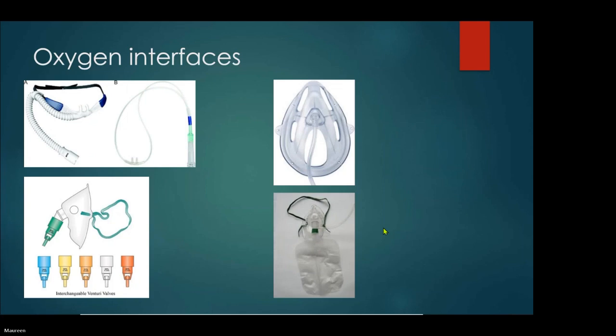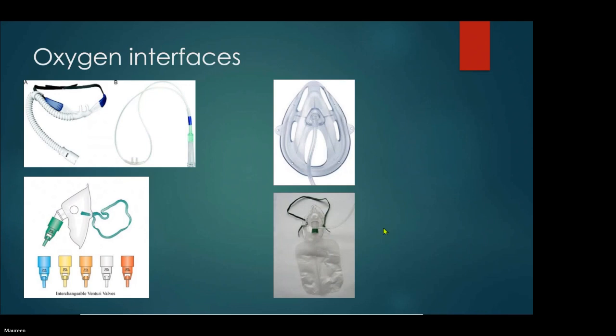But it's useful in a hospital setting where we need precision about the percentage of oxygen that people need. And that might be in the scenario where you've got somebody who's inclined towards retaining carbon dioxide, which could be somebody with COPD.